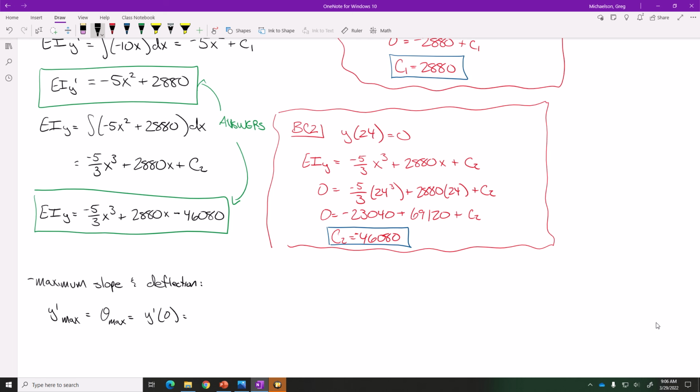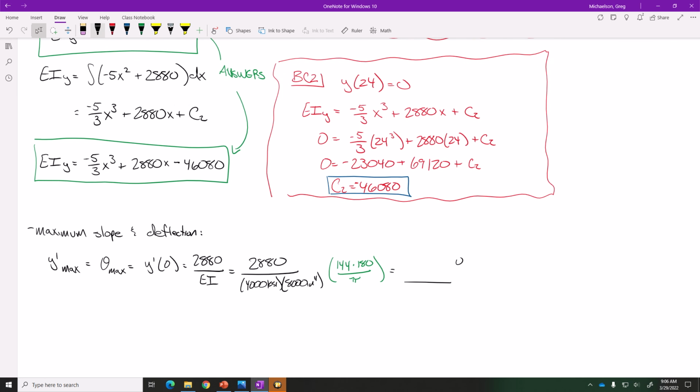It's just going to be 2880 over EI. So 2880, and I think for this problem we were given that E was 4,000 KSI, and this is 8,000 inches to the fourth, and we have our magic conversion factor that will get our answer in degrees.